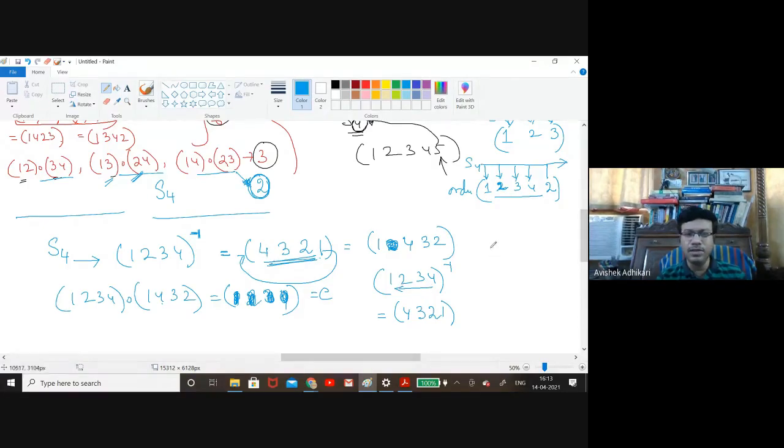So whatever single cycle you have, like 1, 2, 3, 4, 5 in say S9, just write it in the opposite direction. That means 5, 4, 3, 2, 1. And if you want to write 1 first, then just cyclically shift, 1 will come here: 1, 5, 4, 3, 2. So that will be the inverse of this.